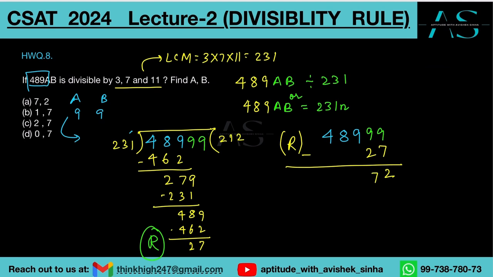And then we have 489. So in place of A and B, the values are 7 and 2. And if you look at this number, this is equal to 231n. Or we can say 48972 is divisible by 231. You can always check with the help of a calculator. Do these because that is how you try to relate with the question. Always cross check and relate, and that is how you can follow a question like this.